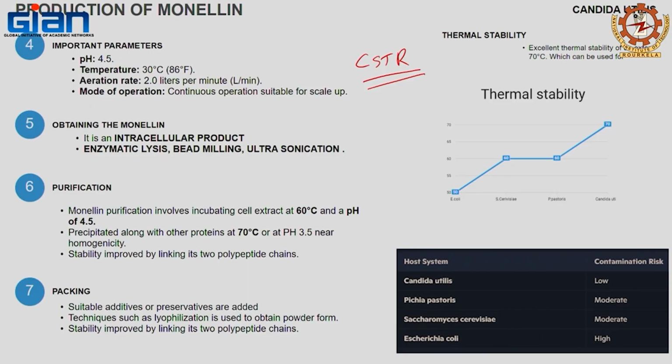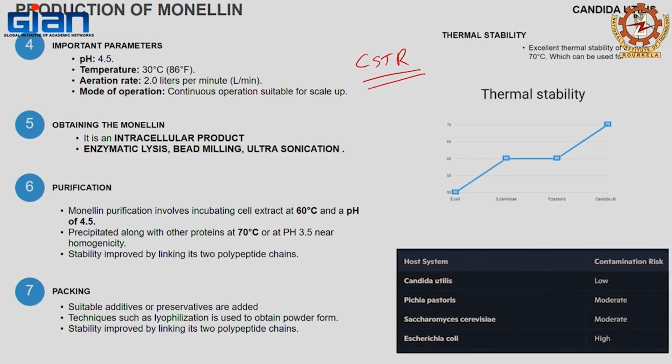The optimal pH for growth is 4.5, and the temperature tolerance is at a maximum of 35, which is actually good. The aeration rate is 2 liters per minute, and the mode of operation is continuous fermentation, which is suitable for scale-up operation.